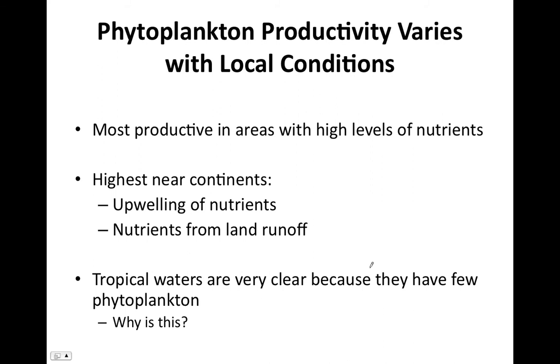Tropical waters are very clear because they have few phytoplankton. And why is this? Well, I actually just answered this question in the slide prior, because those tropical waters are stratified. There's no vertical mixing because there's a very large temperature difference between the surface and the bottom waters. There's a large thermocline yielding a large pycnocline, and resulting in a stratification of the water.